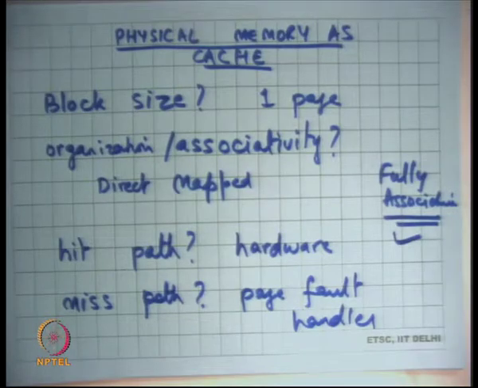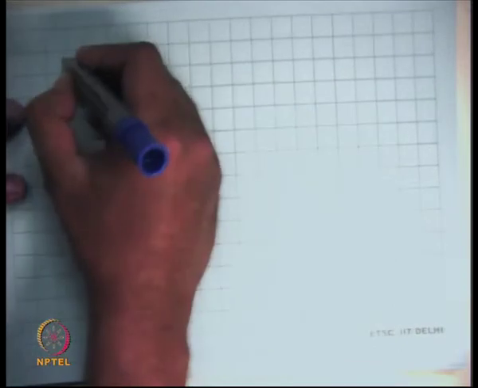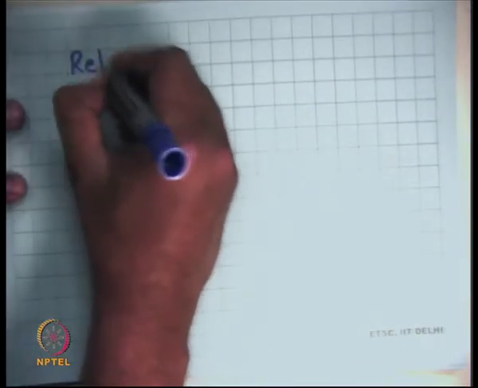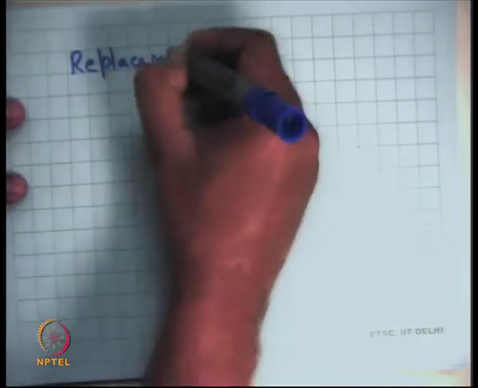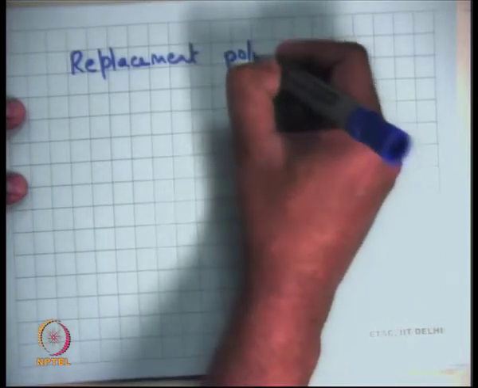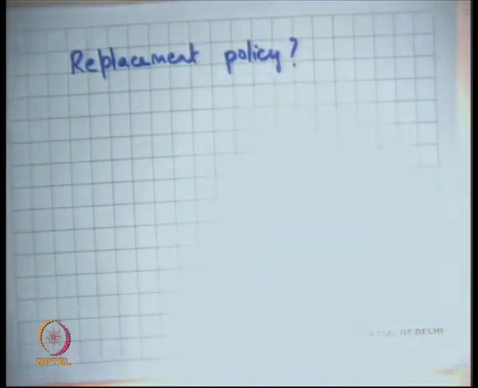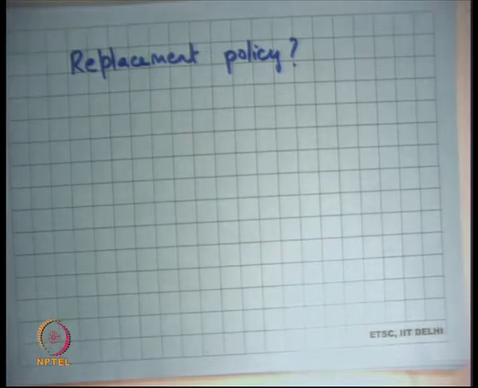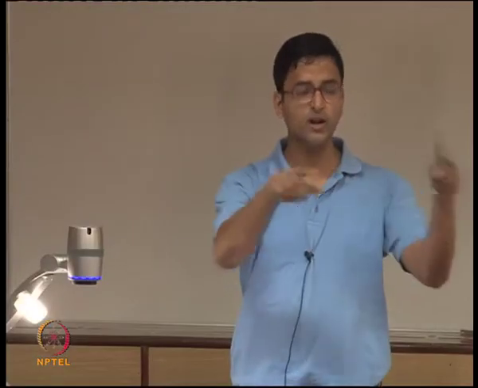Okay. Let's see what the page replacement policy is. Every cache must have a replacement policy. So what's the replacement policy? Basically, you want to bring a page into the cache, and your cache is already full, so you have to figure out one page to replace.